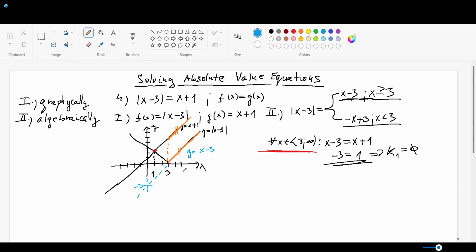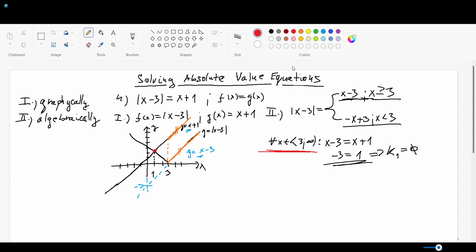That's why we take only the orange part of this line, and as you can see, the slope of this function is the same as the slope of the g of x function, and that's why the lines are really parallel and will never intercept.